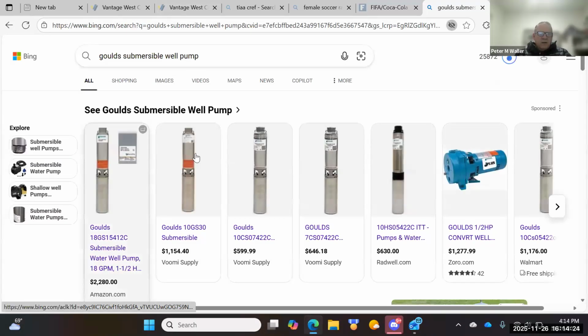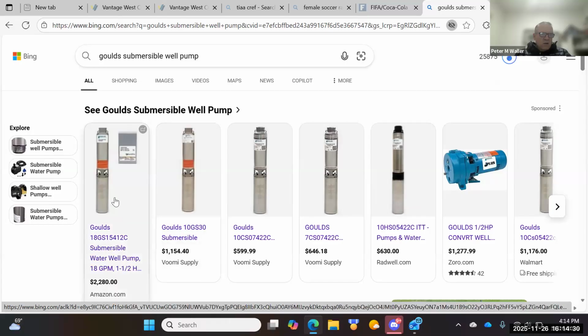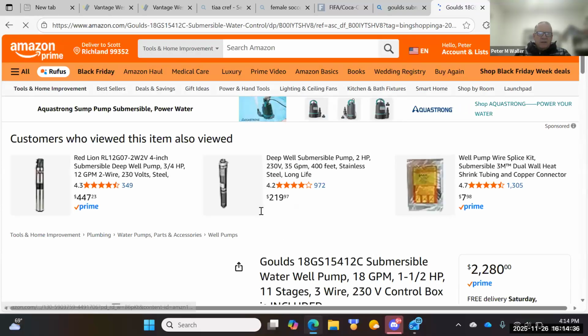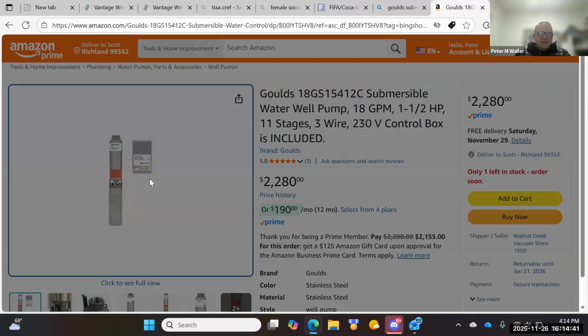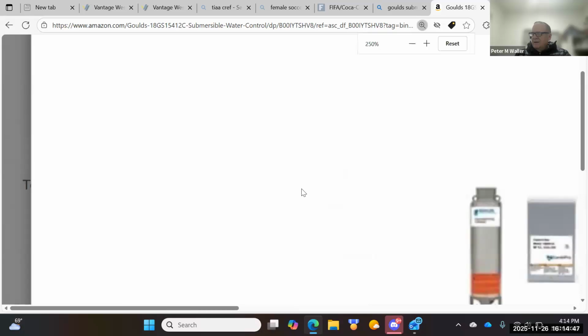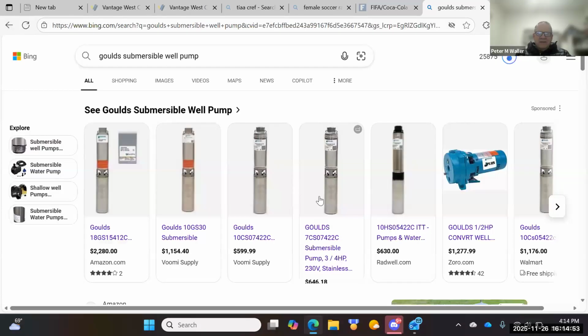Here they are. Here's the Gould's submersible well pumps. And so this probably directly contradicts what I said before, because they say you can just buy them from Amazon.